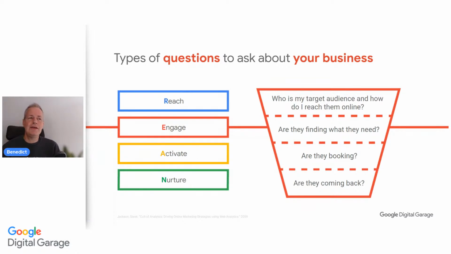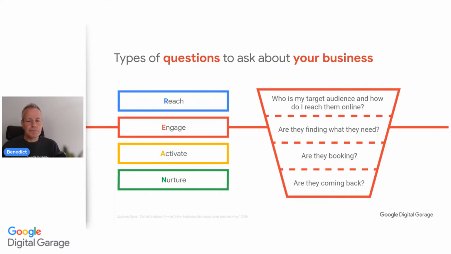Are they actually finding what they need? And when they do find what they need, are they actually clicking on the things to buy, activate? Are they actually booking, for example? What's called the call to action, those buttons to click on to book, to buy, or whatever it might be. And then the last stage is when you've got those clients, nurture. Are they coming back for more?